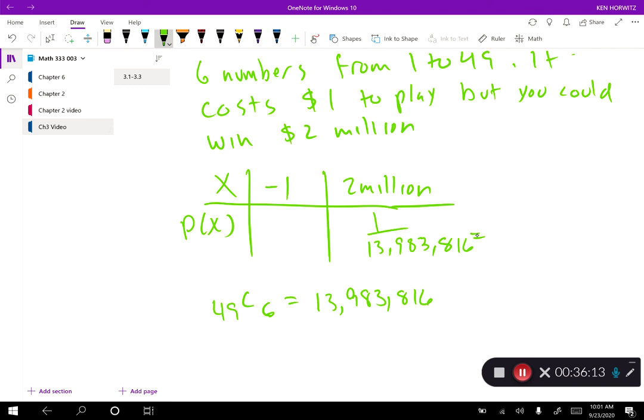Or if I wanted to change that to a decimal, I could say 7.2 times 10 to the negative 8th, which is a very, very small percentage of winning. All right. And I could do 1 minus that for my percentage of losing, which would be 0.9999992 and so on with seven nines.